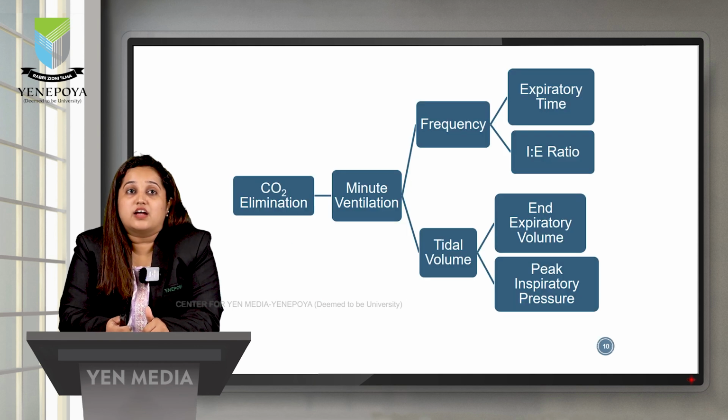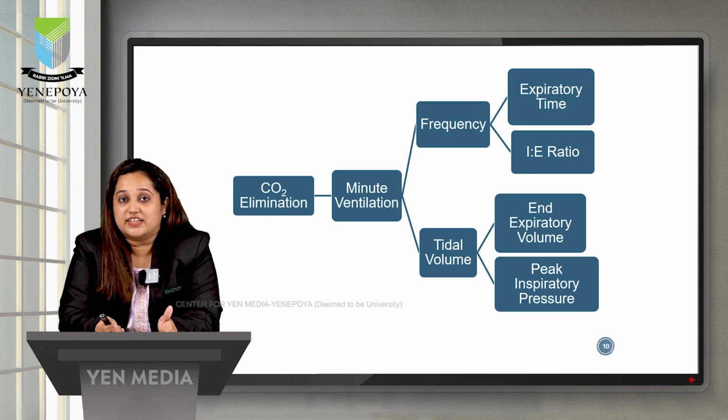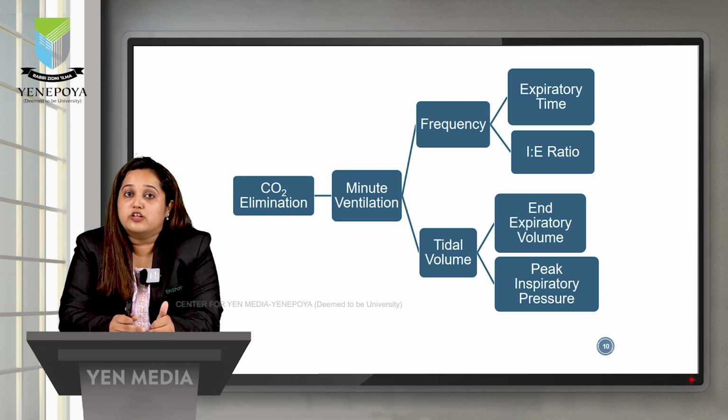So here is a graph that will help you understand how to oxygenate and ventilate a baby. When I talk about ventilating a neonate, it is about CO2 elimination, that is our prime problem. Carbon dioxide retention will be there, so how do we wash it out? If the carbon dioxide being formed is not adequately eliminated, we have to make certain changes in the ventilator so that you can cause CO2 elimination.